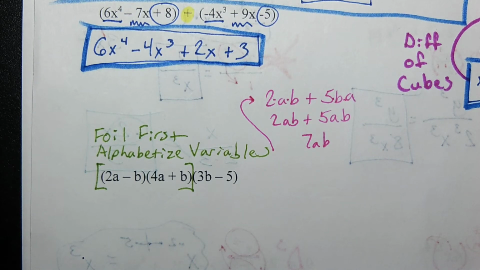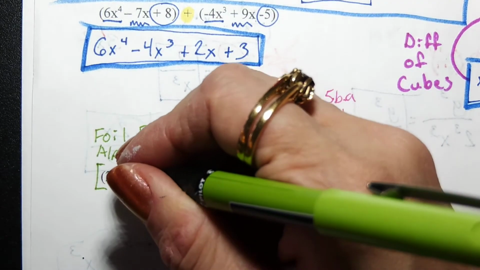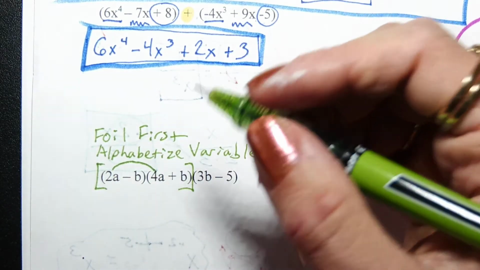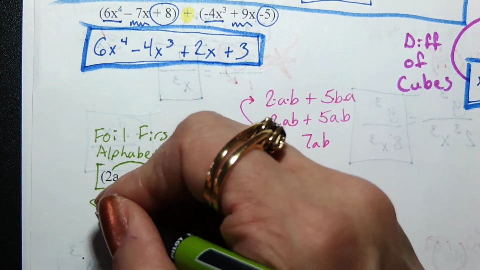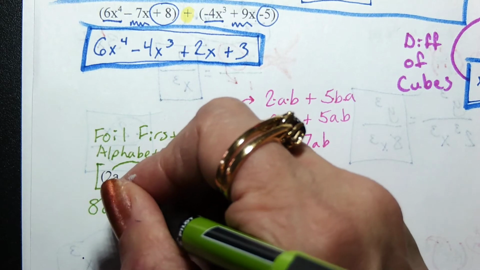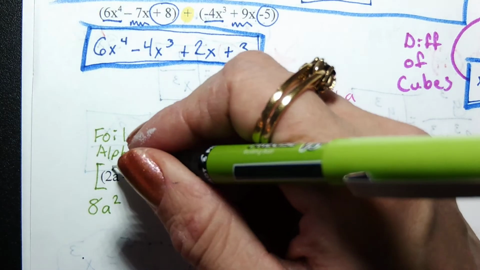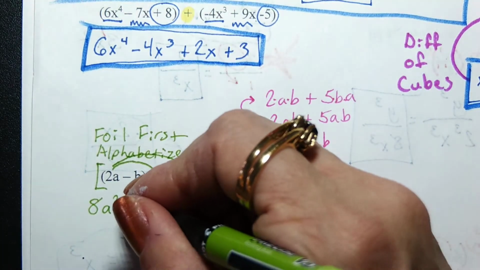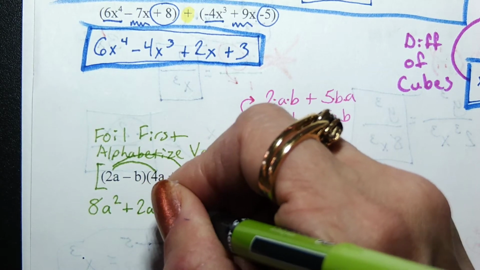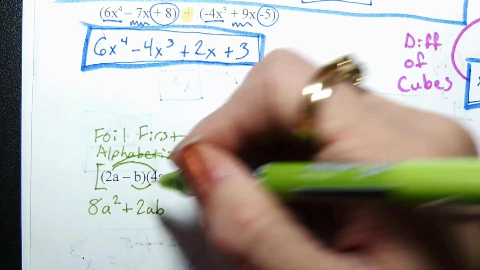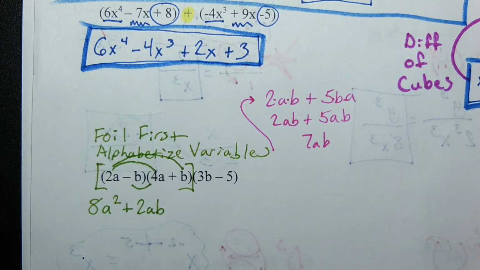So let's go ahead and start by FOILing. So if I have 2a times 4a, 2 times 4 is 8, and a times a is a squared. Then 2a times b is 2ab. What about negative b times 4a? Careful.